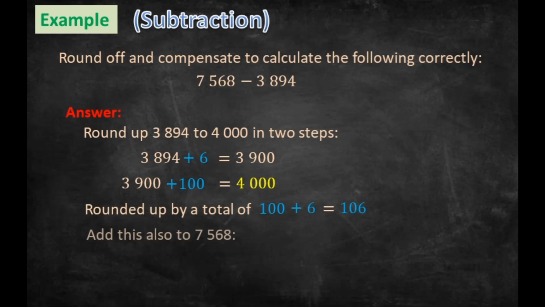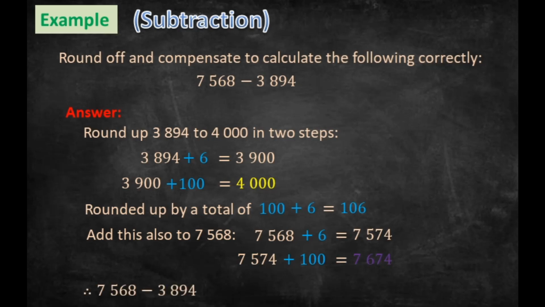We also add this to the 7,568 in two steps. First we add 6 to get 7,574, and then we add 100 to get 7,674. Now we subtract the 4,000 from the 7,674 to get 3,674.